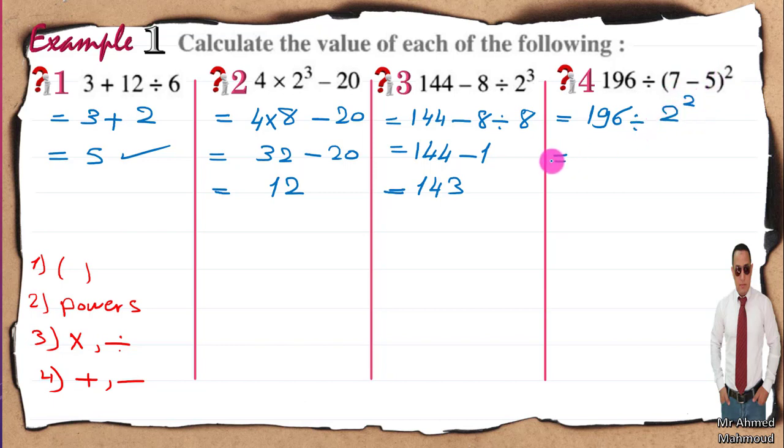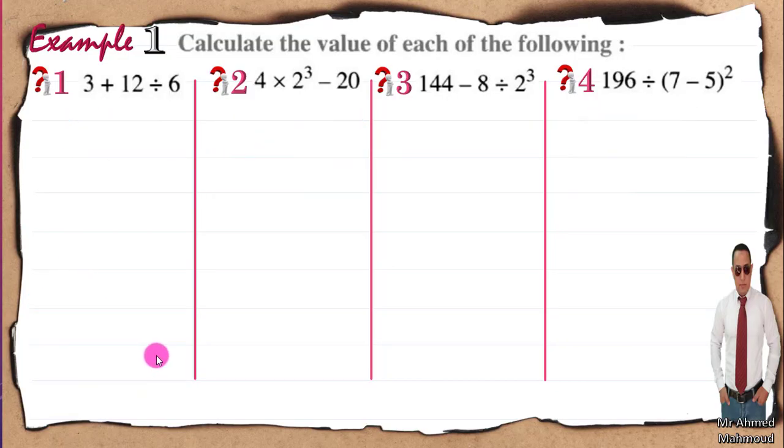So I evaluated the brackets. Now, the second step, I have divided and power, so I'm going to evaluate the power. So it will be 196 divided by 2 to the power of 2 equals 4. Finally, 196 divided by 4 equals 49. Don't forget brackets, powers, times, divided, plus or minus.